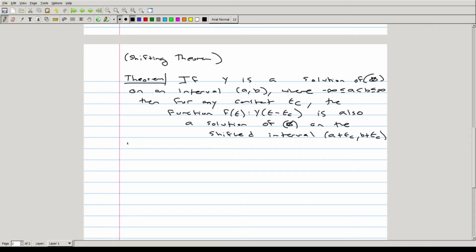And the proof of this is rather easy to go through and do. You just need to apply the chain rule to the function y of t minus tc.